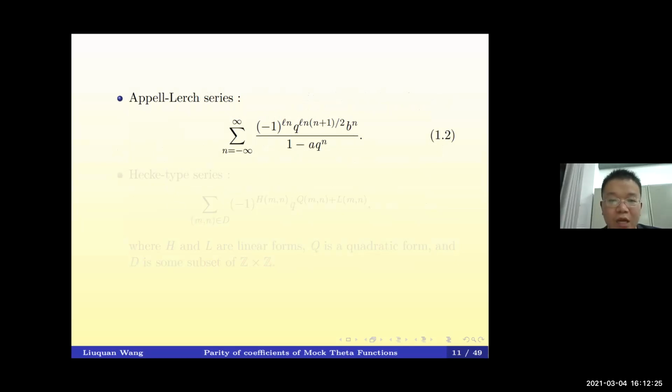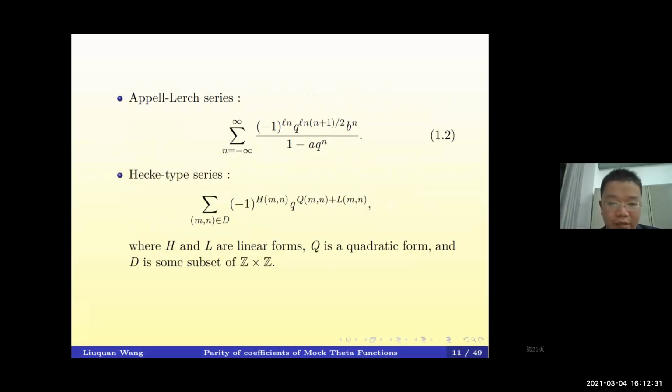It is also called Appell-Lerch sum or Appell function. The Hecke-type series is a series of this form, where in the exponent of q, we have 2 variables m and n, which take integer values. And we require that capital Q is a quadratic form and capital L is a linear form.